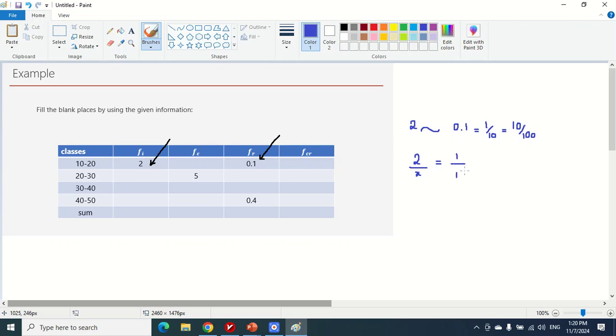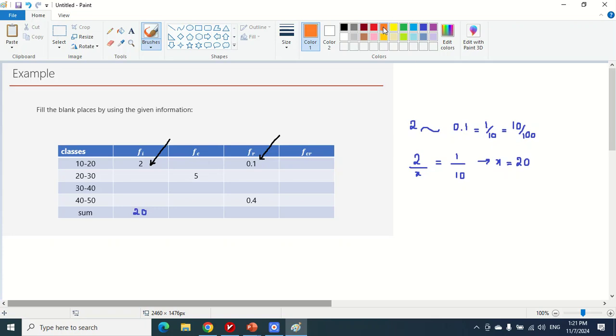By calculating x from this proportion, you can find that the value of x is equal to 2 times 10 over 1, or 20. So the entire amount of information that we have in this table is 20. So I can fill this part as 20, meaning that the sum of all the data is equal to 20.